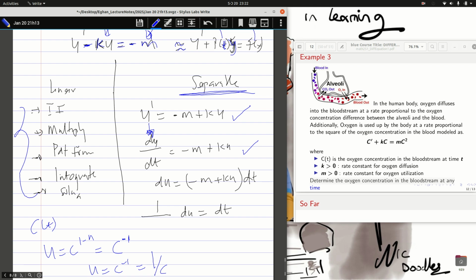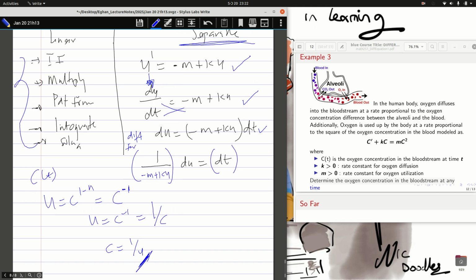By cross multiplication, I have the differential form: du equal to whatever I have here, dt. I can divide both sides by negative m plus ku. Everything here is in terms of u, everything there is in terms of t. Now don't be confused by the m and k. M and k are not of interest, they are constant values provided. The interesting variables here are u and t, and I've been able to separate them.